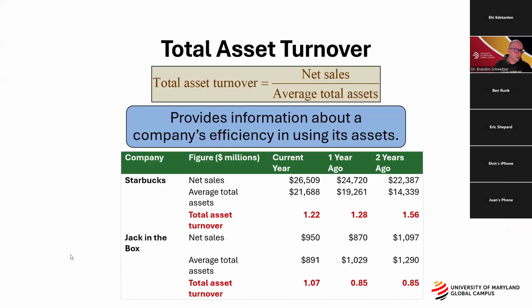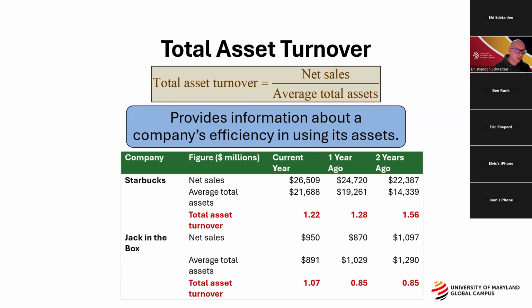And the last thing I want to talk about before we review the other content for the week is the total fixed asset turnover ratio, which is what we're looking for this week in your Excel file.